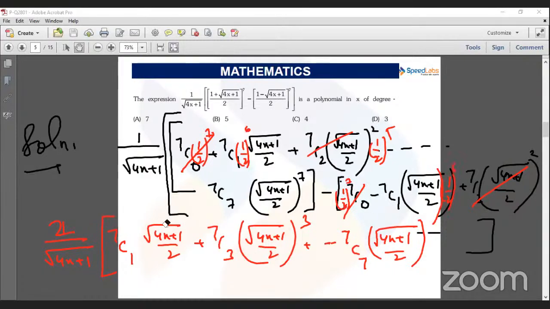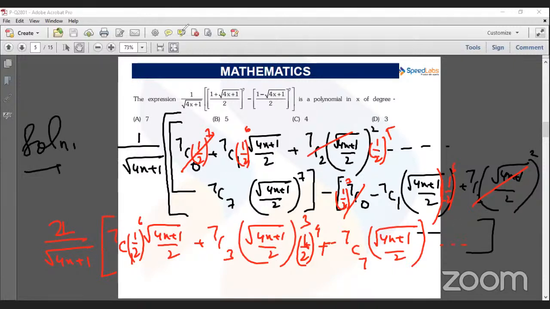Take it. So we'll have to insert it; it will be half power 6, then half power 4 and so on.